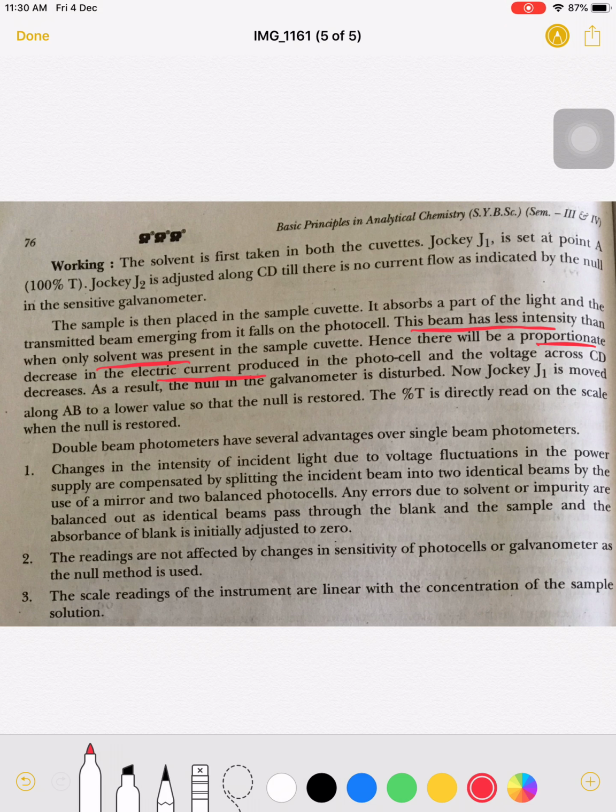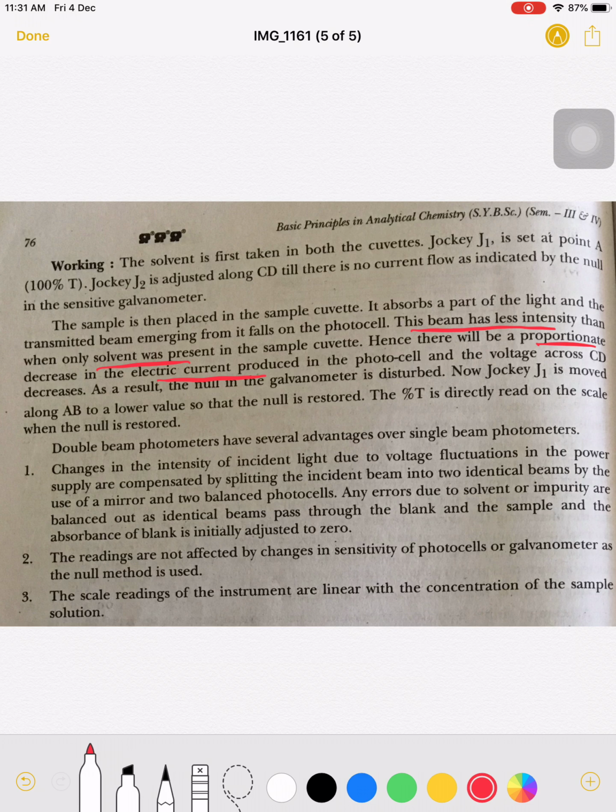So due to fluctuation in the electric current at the resistances AB and CD, the galvanometer shows an indication, and to restore the galvanometer reading, the jockey is moved along AB, and because of that the transmittance is directly read on the scale when null is restored.